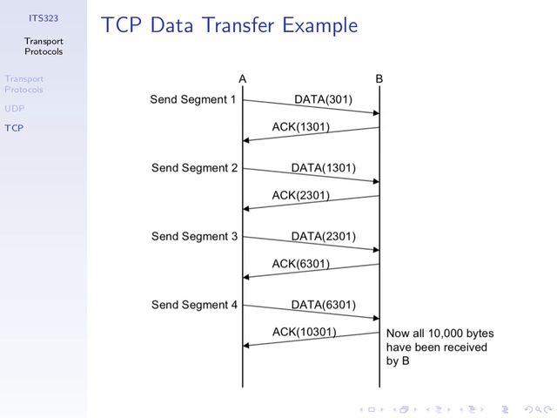Why do we start at 301? Because A chose an initial sequence number of 300. That's just an example. In a different case, it may choose 7,462. It chooses based on what it's done in the past, but at the start of the connection it chooses an initial sequence number which could be random from our perspective.